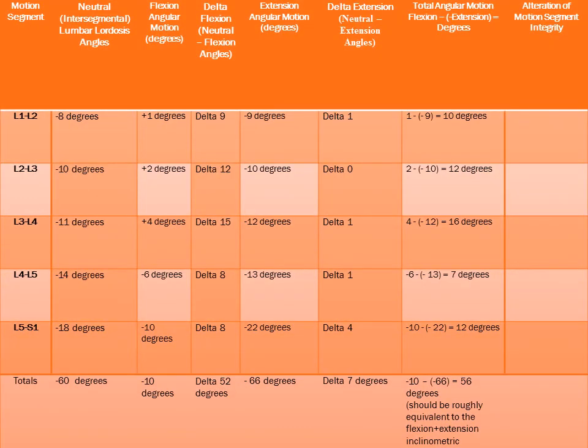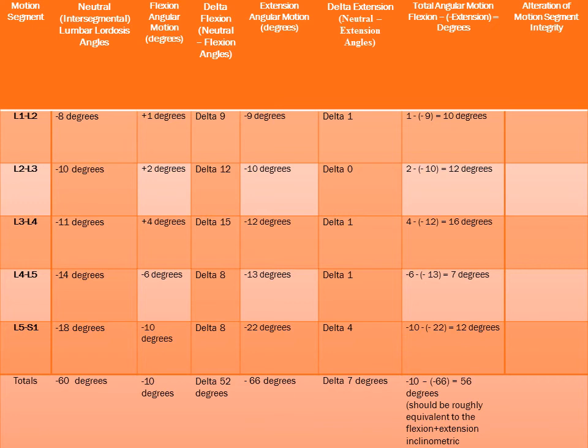So here on our chart, I've calculated the total angular motion, which is the motion of each individual motion segment in moving from the extreme of lumbar spine flexion to the extreme of lumbar spine extension. So we use the equation that total angular motion equals the flexion angular motion minus the extension angular motion.